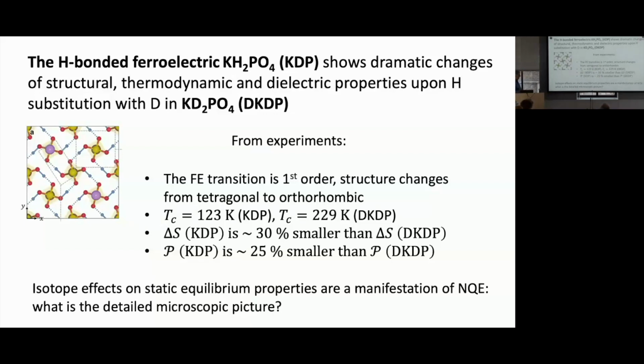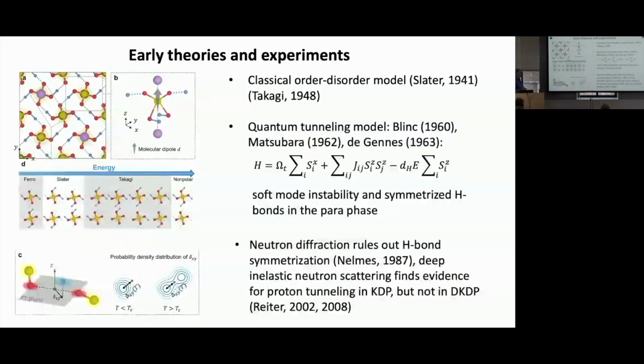And so what is the microscopic picture? Let me mention here early theories and experiment. A classical order-disorder model was introduced by Slater that associated the polarization of the phosphate groups to the hydrogen bond.